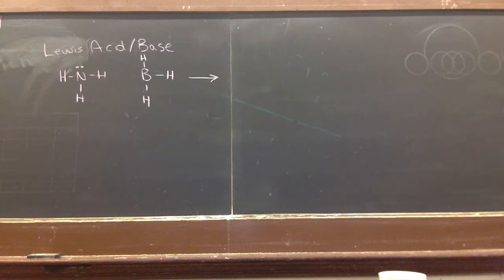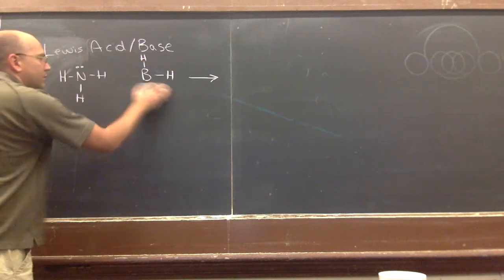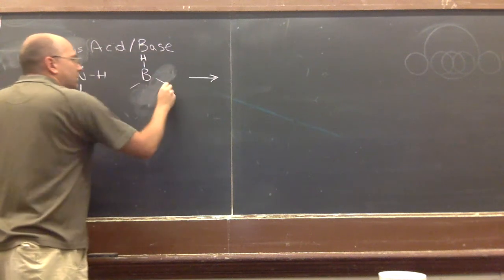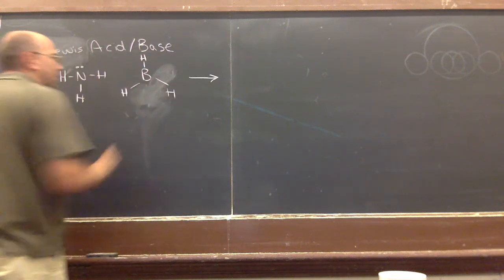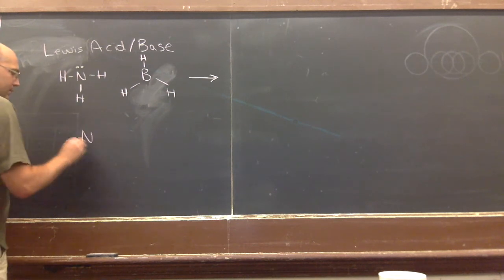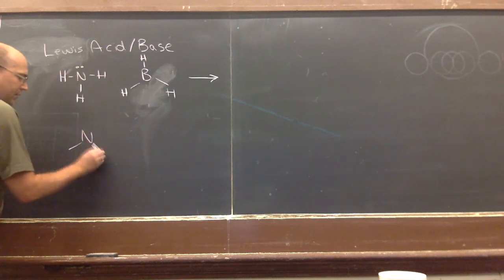You have boron, which I've drawn in a horrible geometry there. We can certainly talk about the geometry. This might be a good time to mention it. What's the hybridization of that nitrogen? It's sp3. So what's the geometry of that? Right, it's tetrahedral.